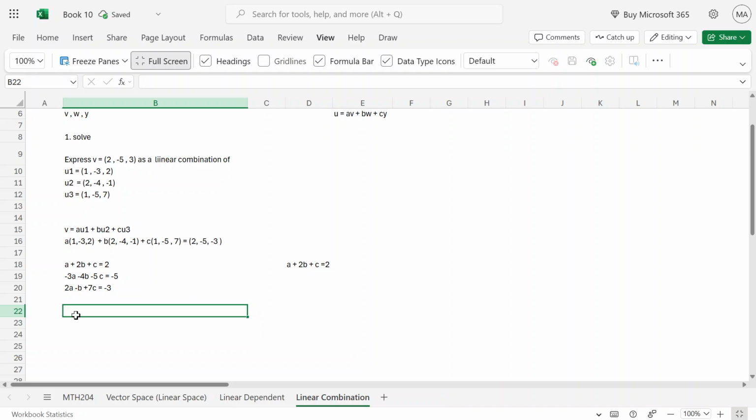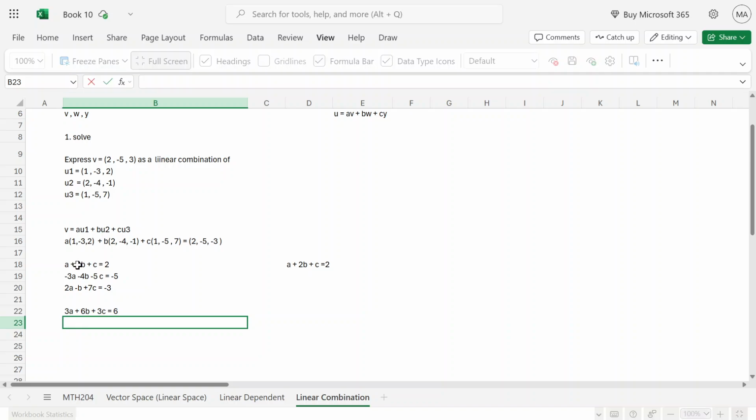We have 3a plus 6b plus 3c equals 6. When you multiply it, we want to eliminate a, so 3 times equation a plus equation b. This is our equation a and this is our equation b. So a plus b.